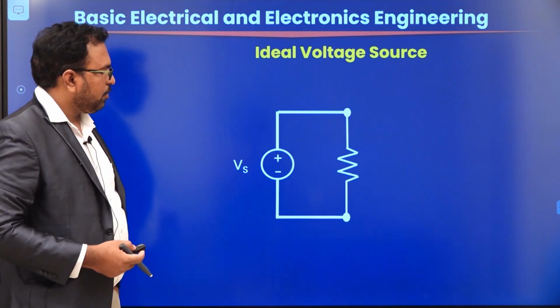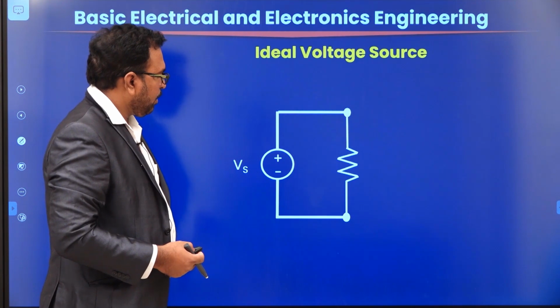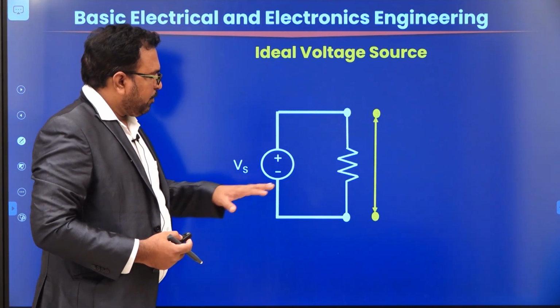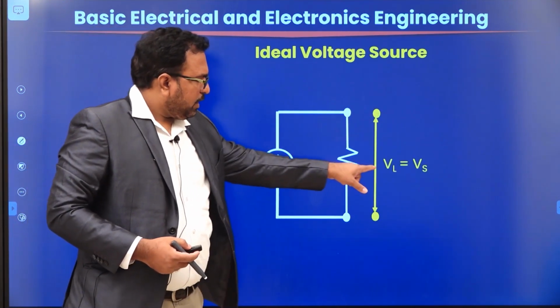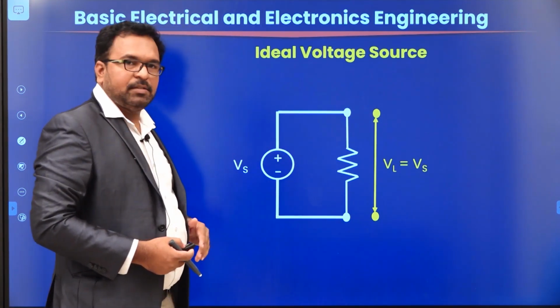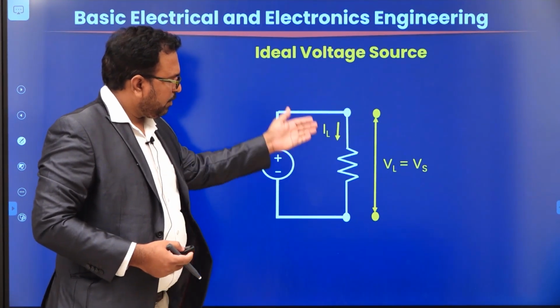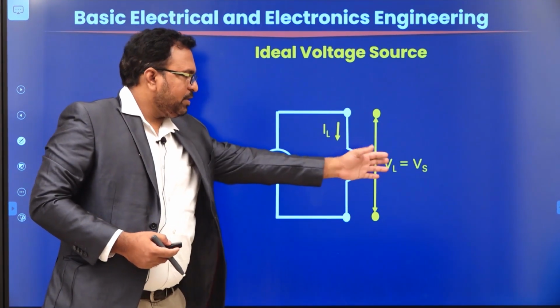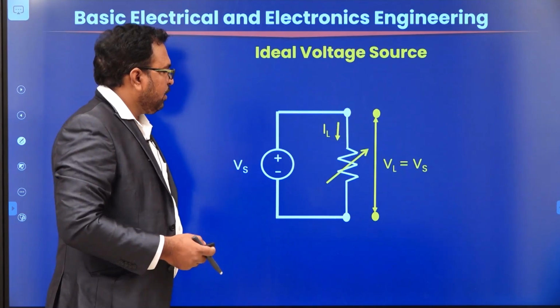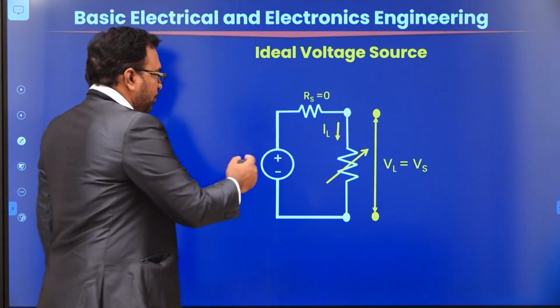Now let us discuss the factor that is responsible for this condition. I have already told you that the voltage is always equal to Vs. Why is the terminal voltage equal to Vs? Because, whatever the current flowing, the terminal voltage is equal to the source voltage. Why? Because here the internal resistance of the source is 0.